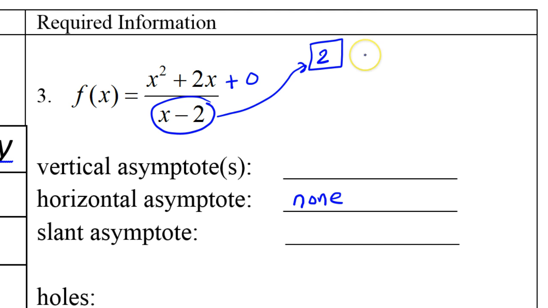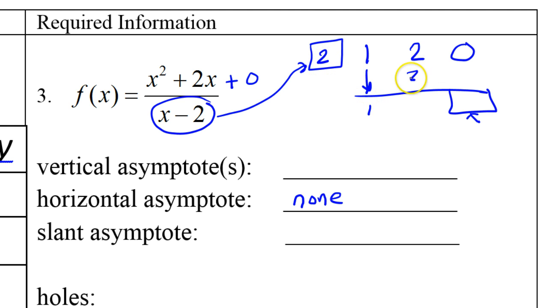But for my coefficients, I'm going to do 1, 2, and 0 because of that 0. Okay, this is where the remainder goes. For slant asymptote, you want there to be a remainder here. If this turns out to be no remainder, if this is a 0, that means this is really a straight line. So let's see what happens.